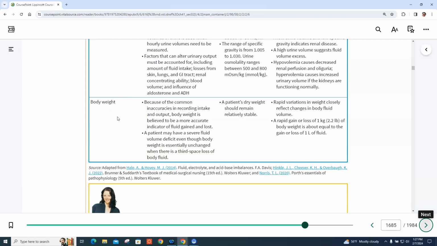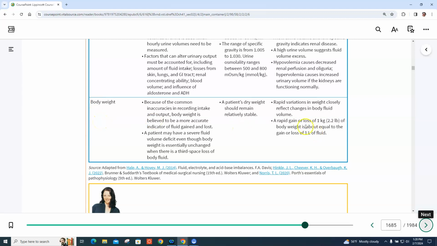A drastic change in weight is going to indicate someone's fluid status. This is the most accurate indicator of somebody's fluid status. So for body weight, we measure someone's weight daily at the same time using the same scale, the same mode, because we want to see if there is a huge shift.